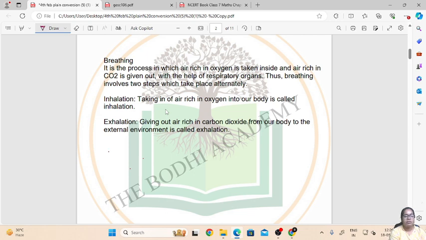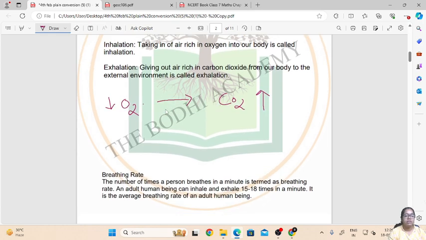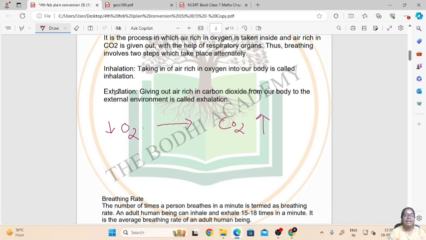It is the process of taking in oxygen. Oxygen rich air is taken in and carbon dioxide is released, and the process of taking in oxygen and giving out carbon dioxide is called breathing. Breathing involves two steps. Which are the two steps? The two steps are inhalation and exhalation.